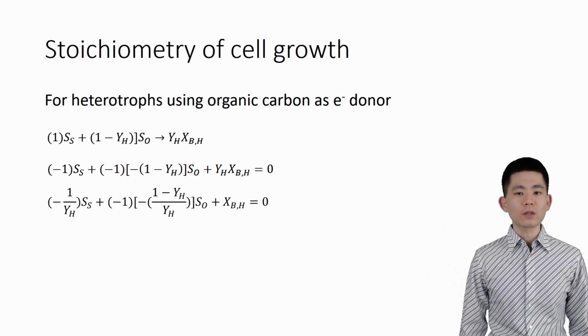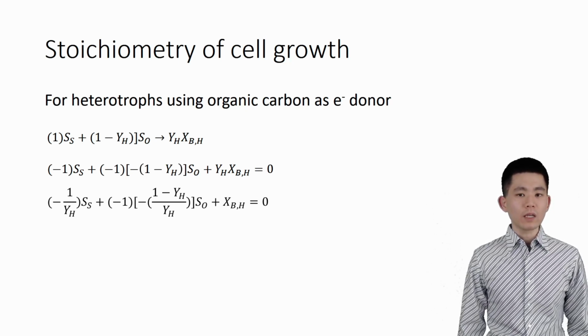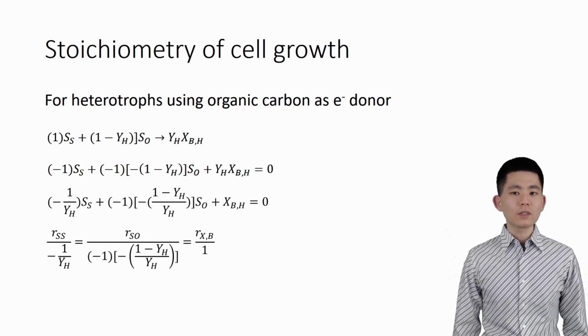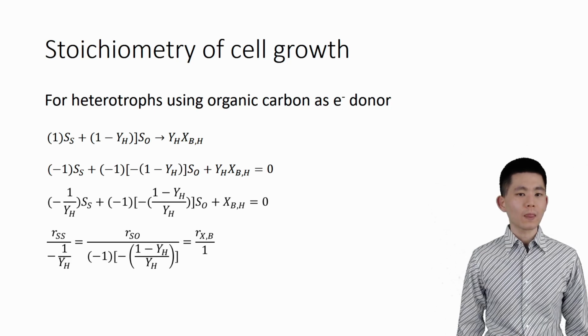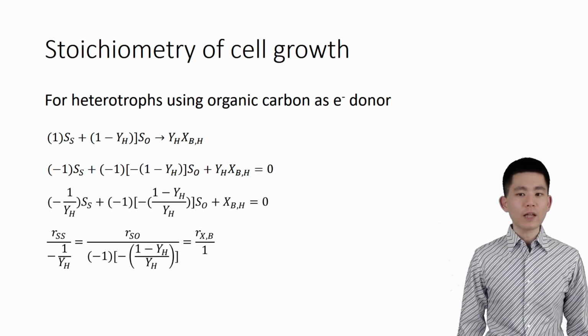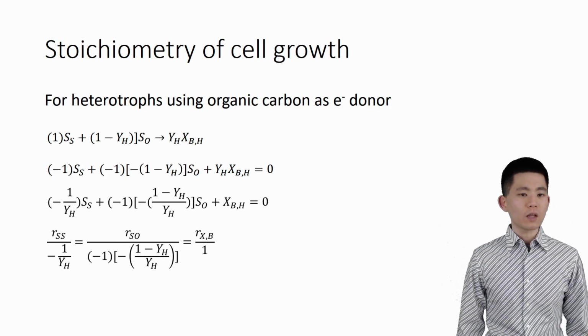Because there is a stoichiometric relationship among the reactants and products, the reaction rate should also be related. This leads us to the relationship between stoichiometry and kinetics. We'll spend the next few classes covering the kinetics of the biological processes.